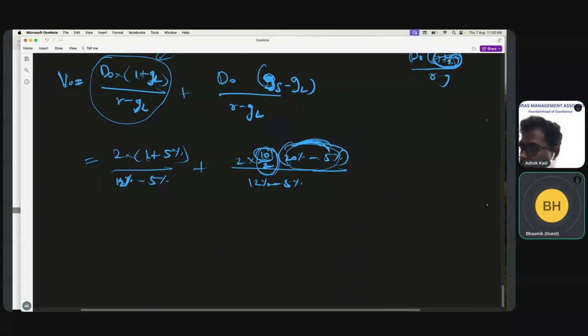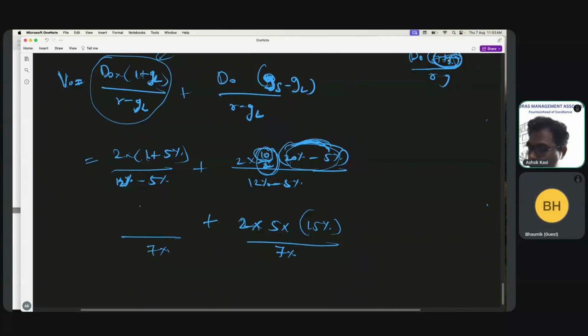So this will come to 2 into 5 into 15% divided by 7%, and here also 7%.